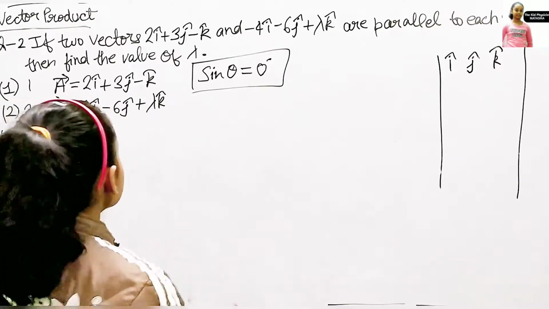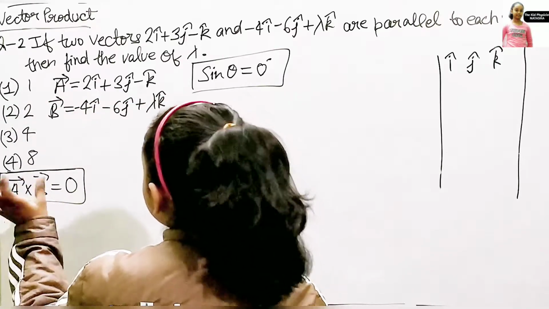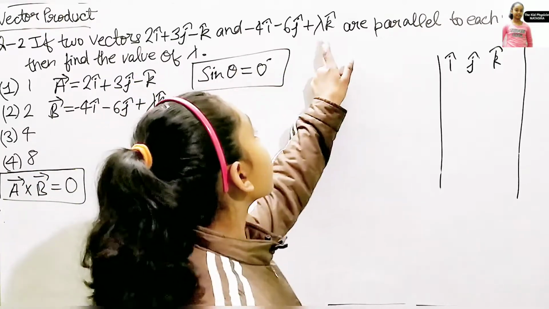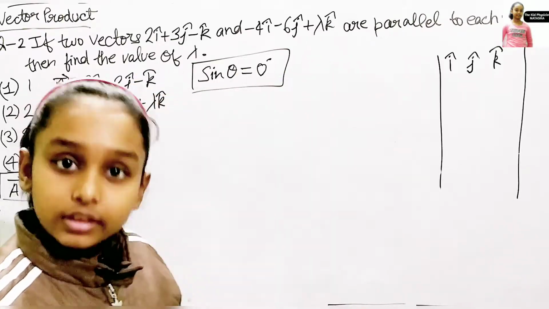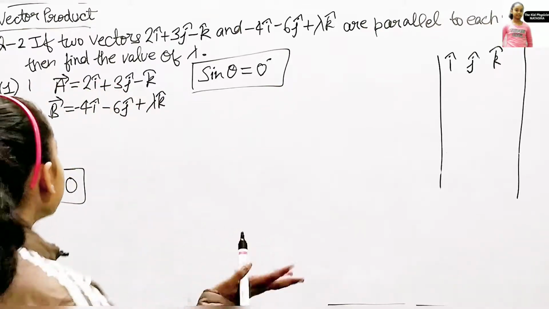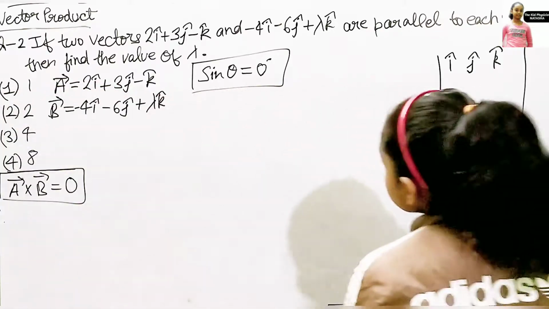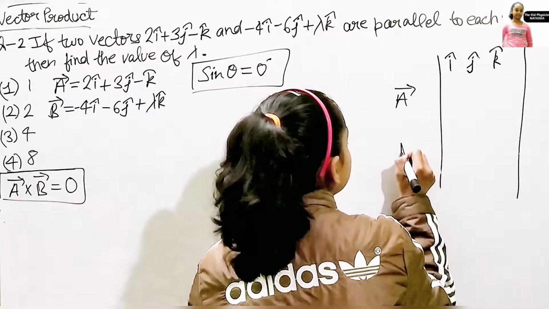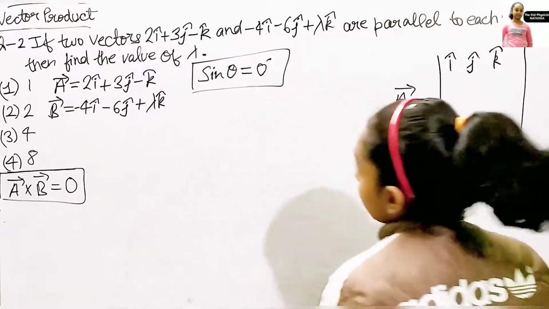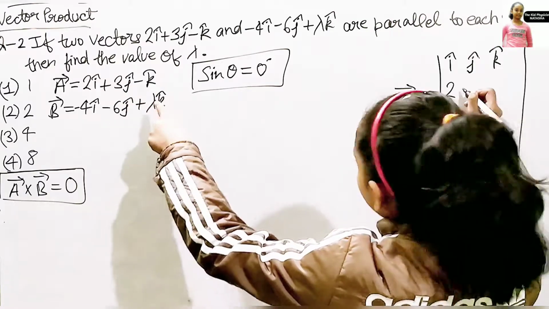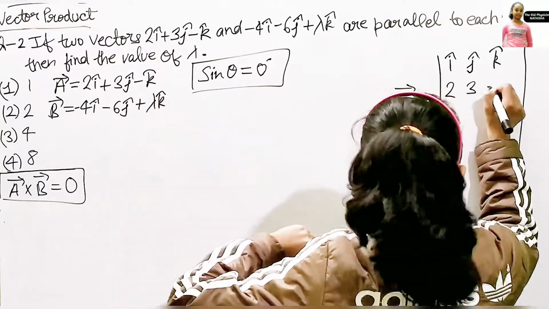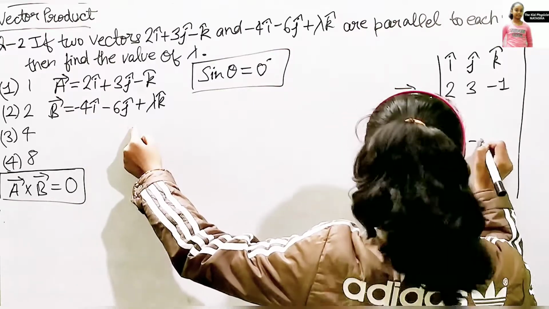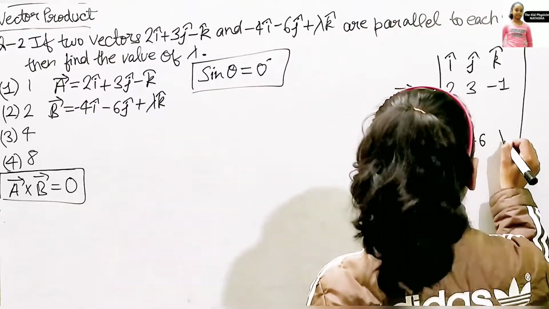But we don't have to find the cross product of vector A and vector B. We have to find the value of gamma here. So let me write the values of i cap, j cap and k cap. Vector A is 2 i cap, 3 j cap, minus 1 k cap, and vector B is minus 4, minus 6 and gamma.